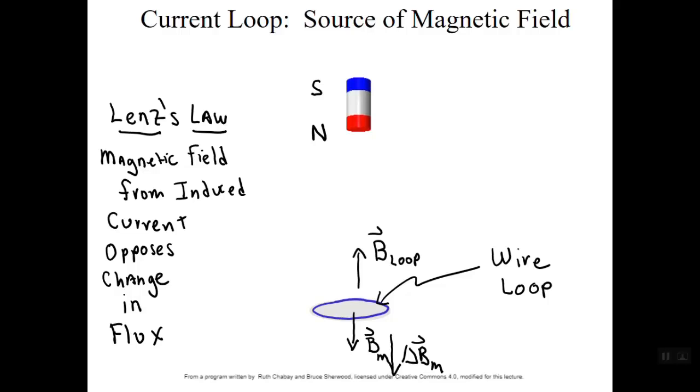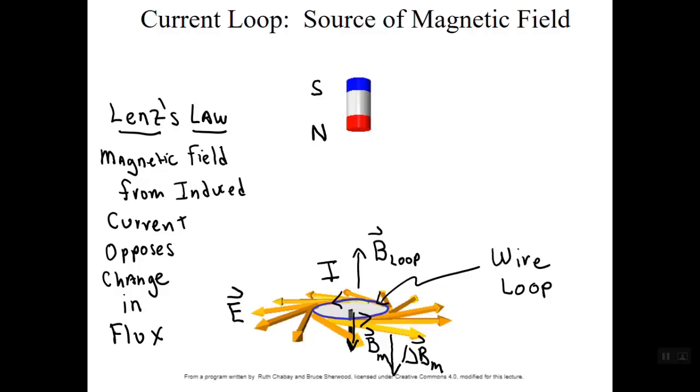That means we'd expect the second magnetic field, the one due to the current loop, to be pointed up to try to offset the delta vector B sub m. We know that in order for the loop to produce that kind of vector B loop, the current must be counterclockwise, and that means the curly E field is also counterclockwise. That's Lenz's law. It's really just another way to relate the direction of the curly E field to the changing flux through the surface bounded by the closed path on which we have a conducting loop here.